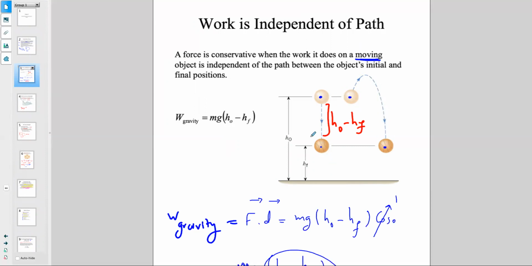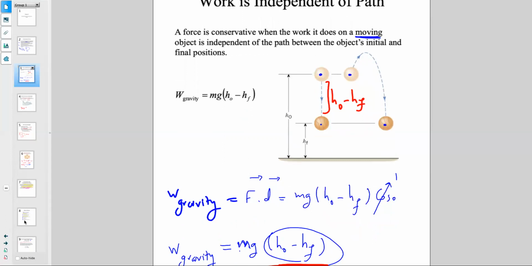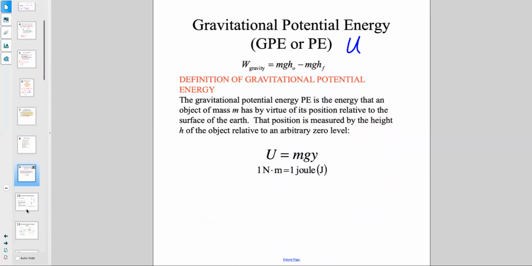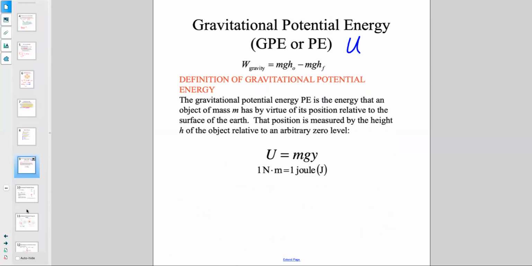Since the final and initial height are the same, you're doing the same type of work, okay? So for gravitational potential energy, the work is mgh initial minus mgh final, as we saw over there, okay?